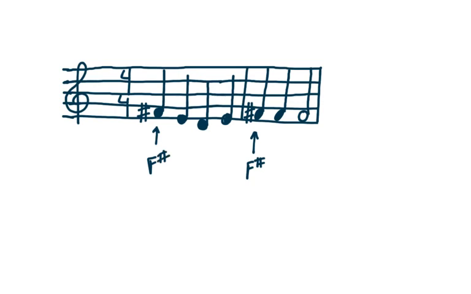However, what about these 2? Are they sharp or are they naturals? They're sharp. Why? Because this accidental lasts the whole measure until the bar line. Do you see another accidental changing it? No, you don't. So that means that these are also F sharp.